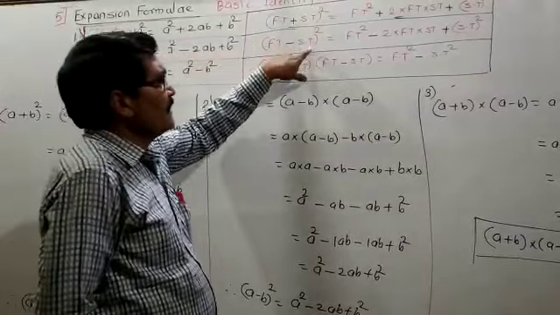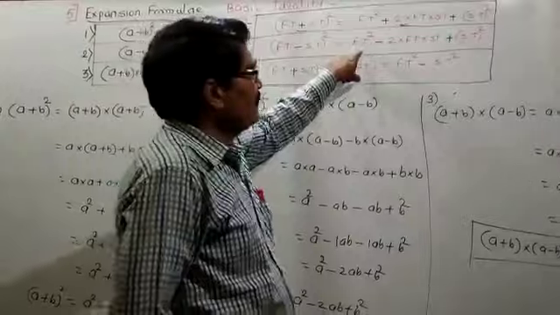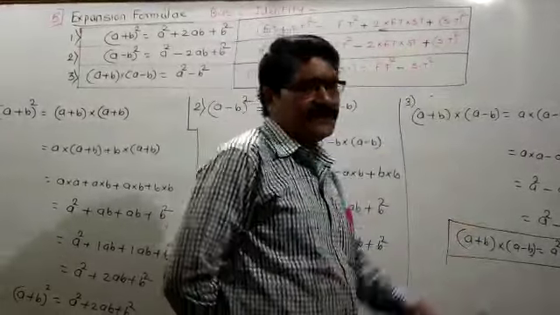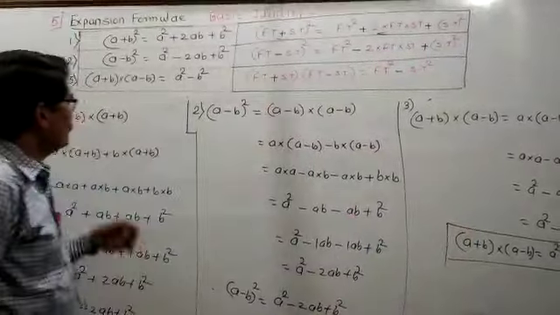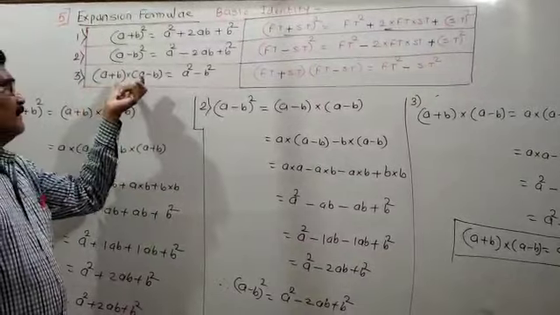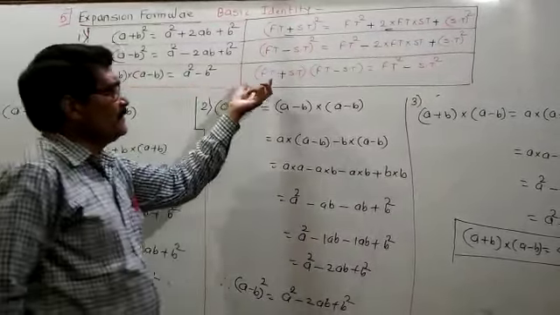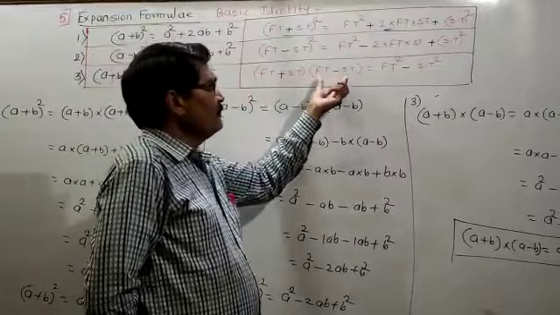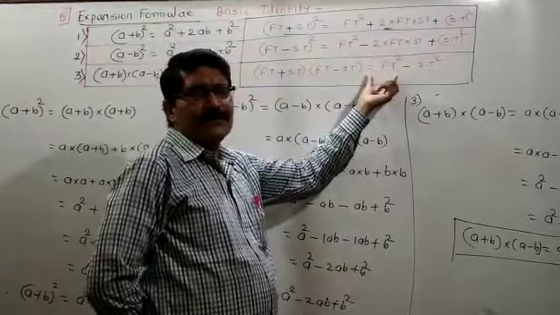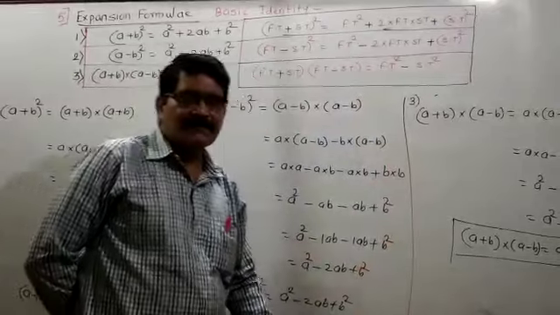Then (a plus b) multiplied by (a minus b) is equal to a square minus b square. (First term plus second term) in one bracket, (first term minus second term) in another bracket is equal to first term square minus second term square.